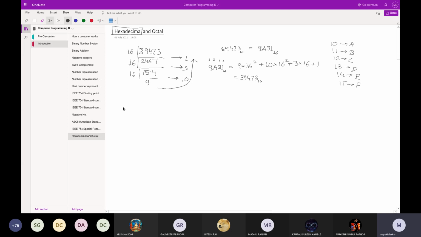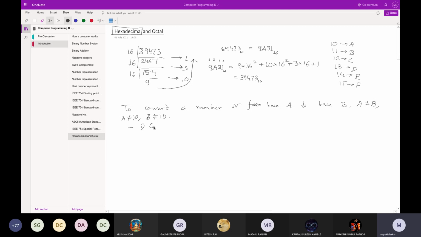Till now, we have also mentioned that to convert a number, say the number is n in base A, to base B, where A is not equal to B and neither A nor B is 10, we have seen the two-step process.